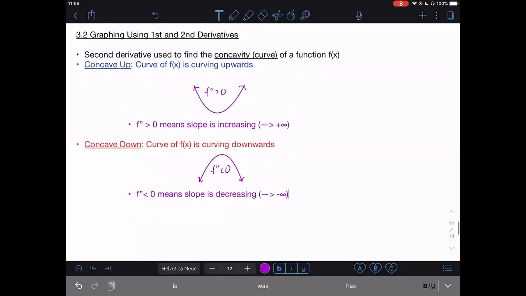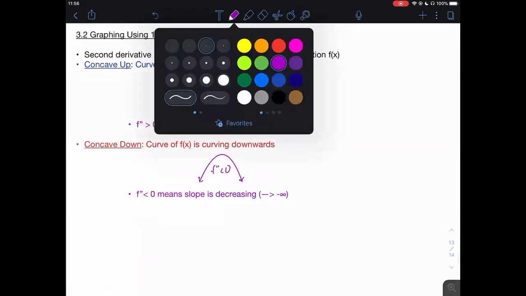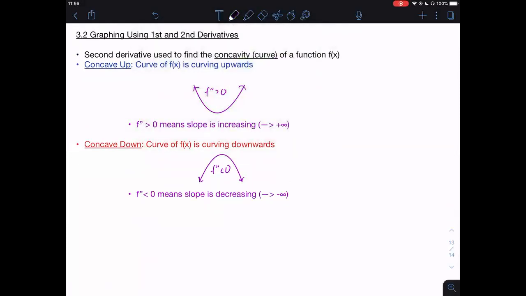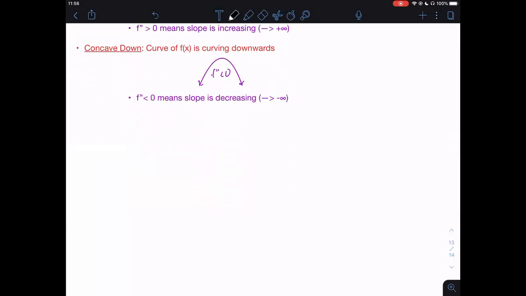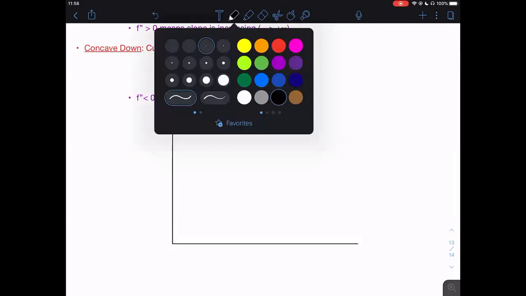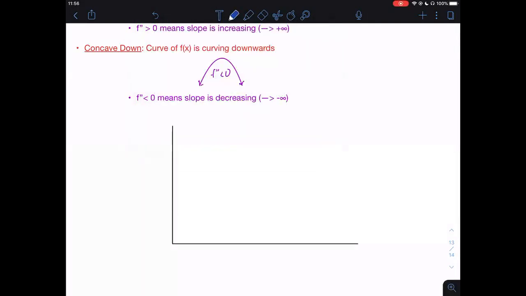So let's do a little graph here, a little example of a graph. We'll make this large enough. Suppose our function has the following shape. So our function of x looks like this.